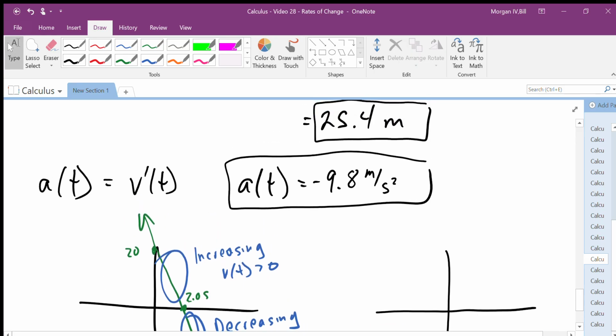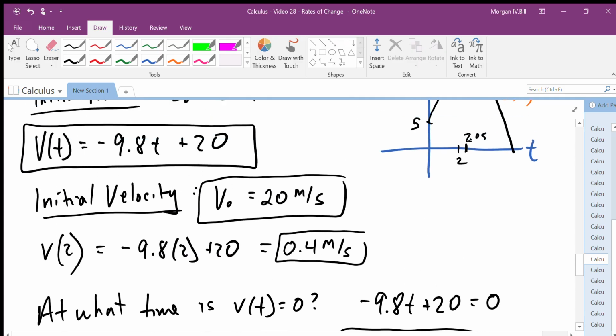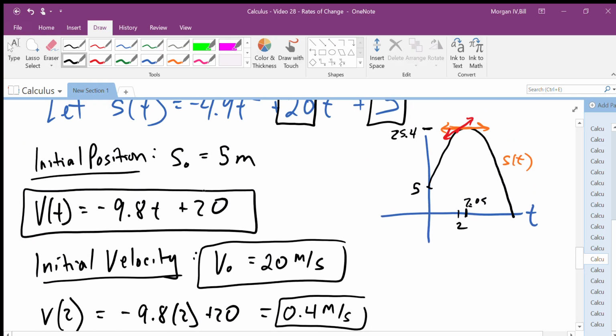It's a negative 9.8. So if the acceleration is constant, and the acceleration is the derivative of velocity, that means the velocity has to be linear. The derivative of a line, you get a constant. So if acceleration is constant, the velocity must be linear.